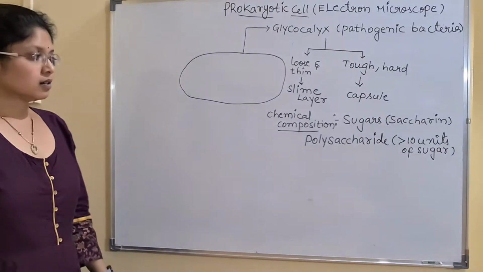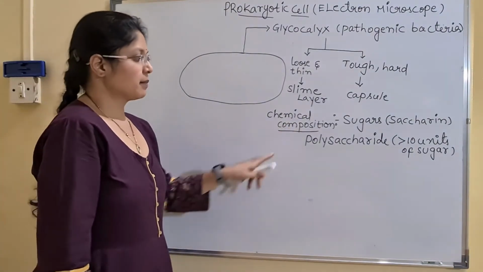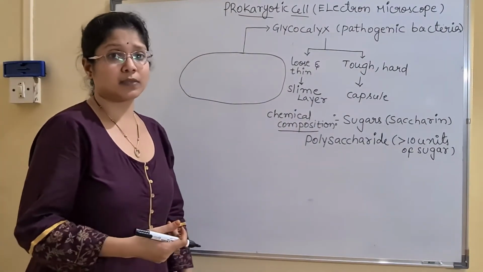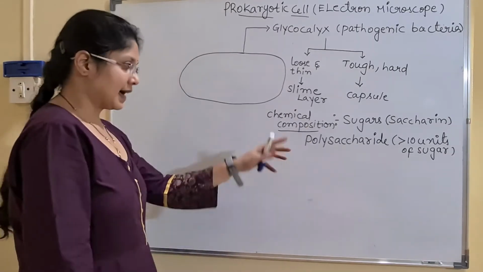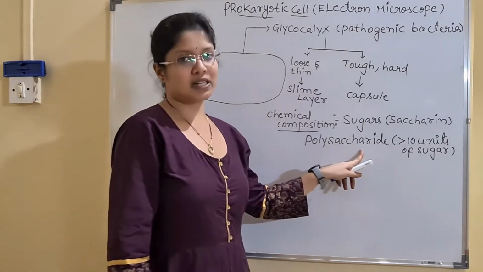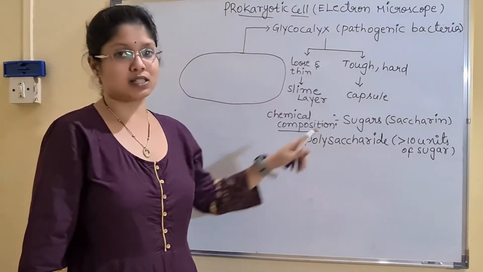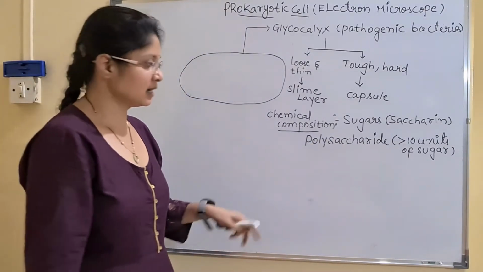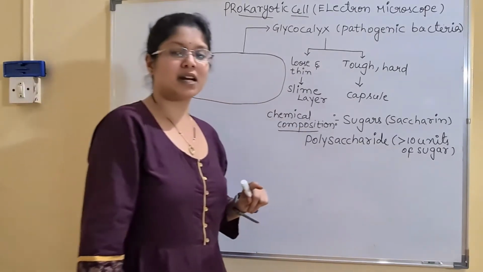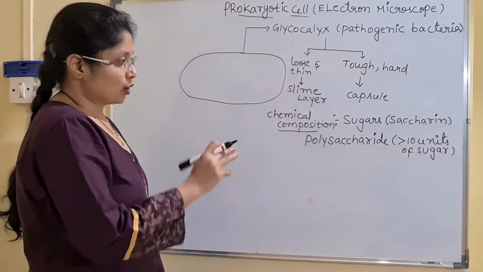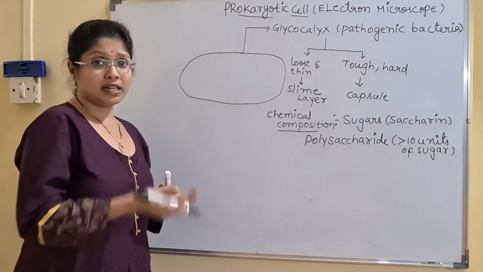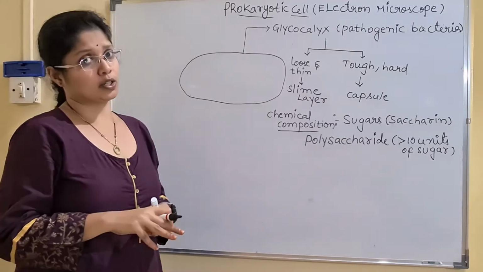So the major component of the glycocalyx is sugars, and those are complex sugars, not simple sugars. Simple means one or two units are present. Here we have complex sugars made up of more than 10 units. We call them polysaccharides. Not only the sugars, they combine with other chemical molecules.